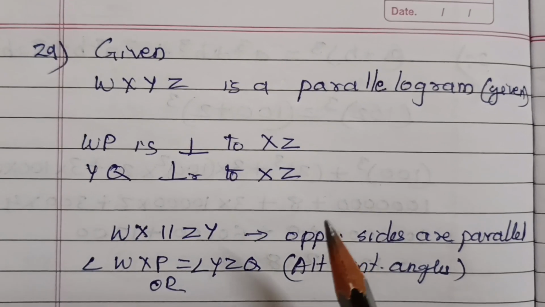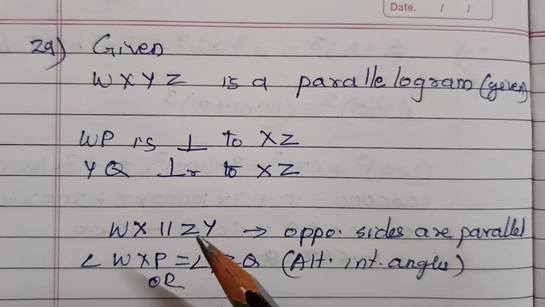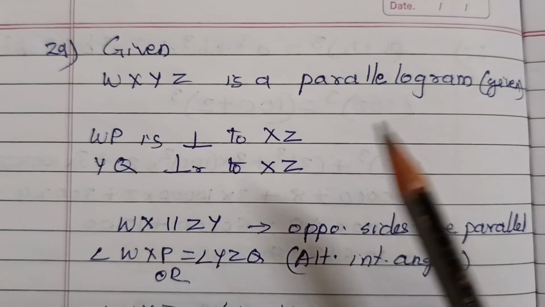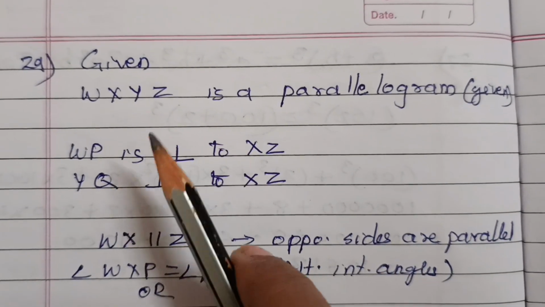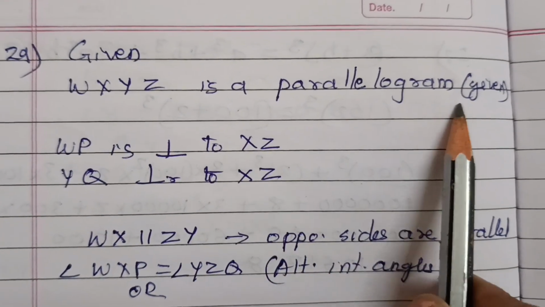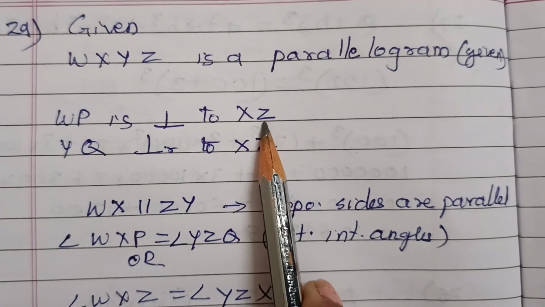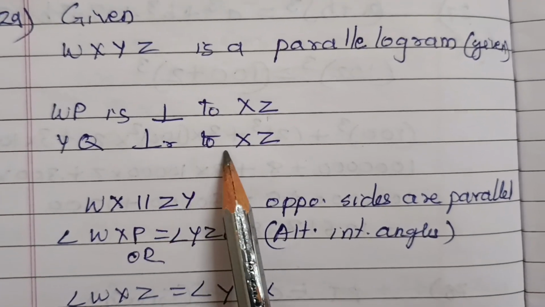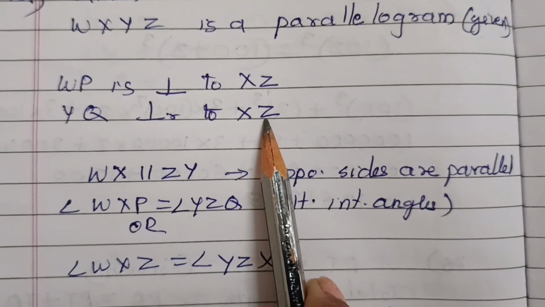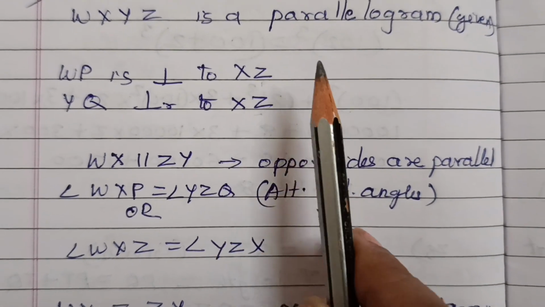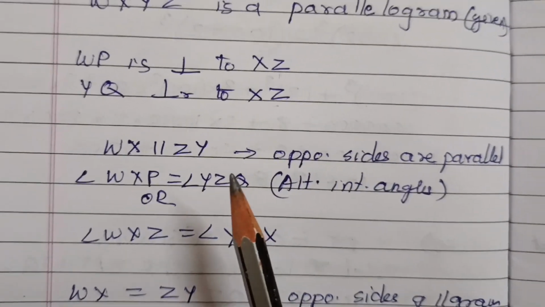To prove this, there are more than one methods. I am showing you this one method. So given WXYZ is a parallelogram, WP is perpendicular to XZ and YQ is perpendicular to XZ. So we have written here whatever is given in the problem.